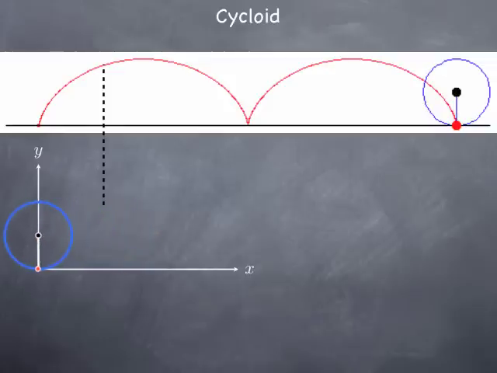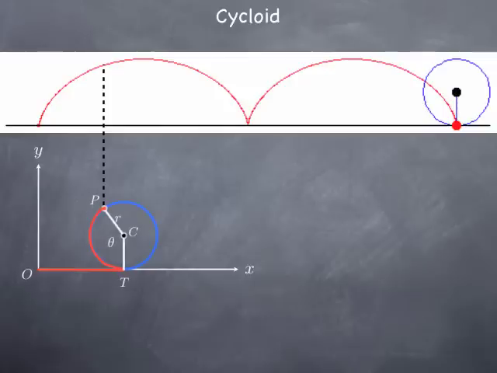Look at the part of the circle that makes contact, and you see that this part of the circle that has made contact is going to have exactly the same length as this red line segment on the x-axis, and this red arc on the circle. So these two things have the same length, and essentially we've rolled this red segment onto the circle.